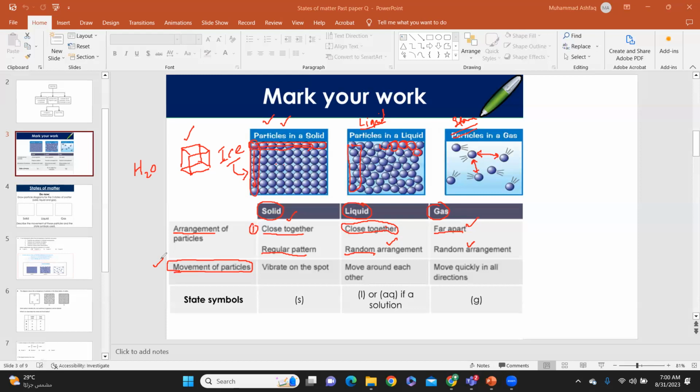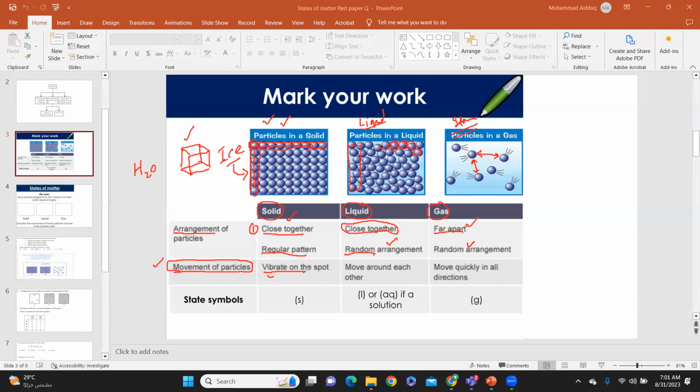Understand? In simple words, the movement of particles when they are in the solid state is that they only vibrate. Vibrate just like your cell phone. When you put it on vibration mode, it will not ring, it only vibrates on its position without moving from its position.